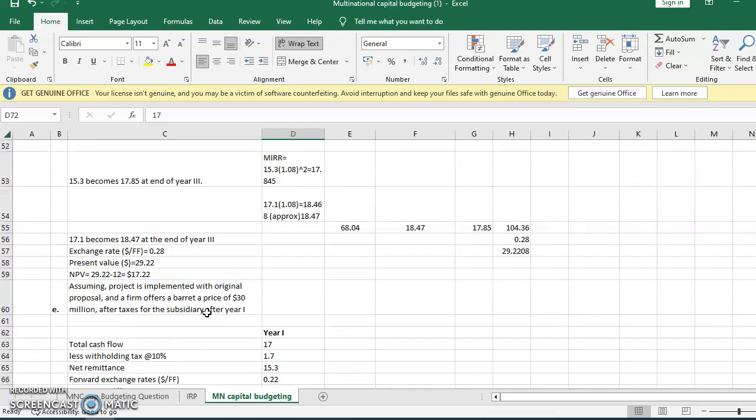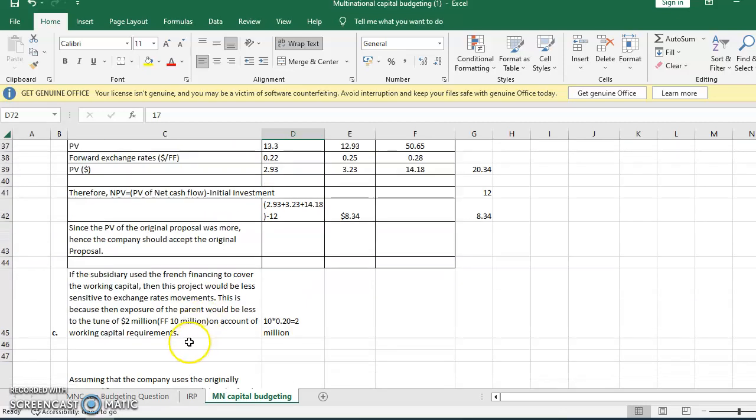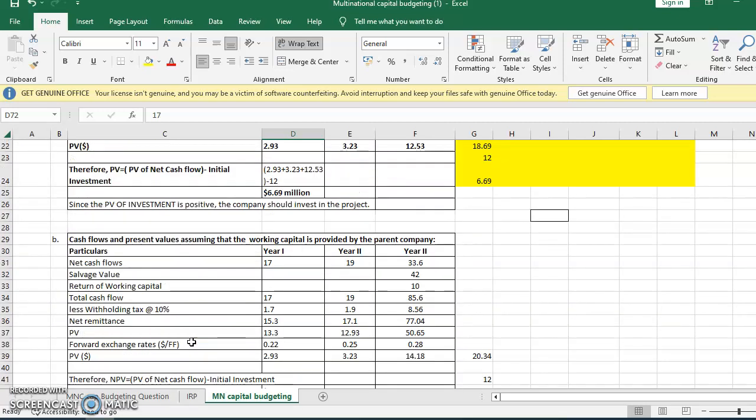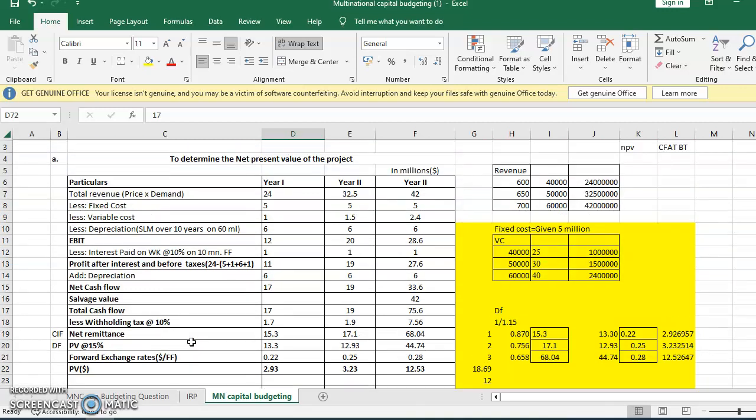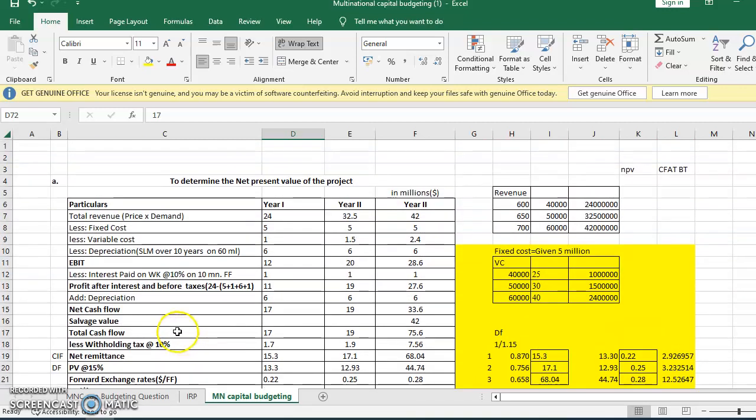One thing let me tell you: in all the situations, you find that accepting the proposal would definitely benefit the company, because it is definitely influencing the net present value. Needless to say, whether you go for a loan, NPV is still positive. You don't go for a loan, NPV is positive.